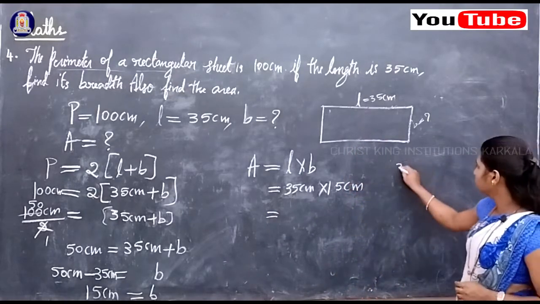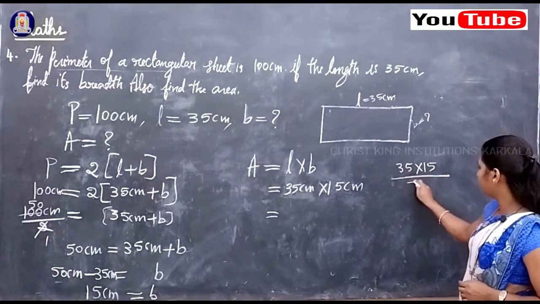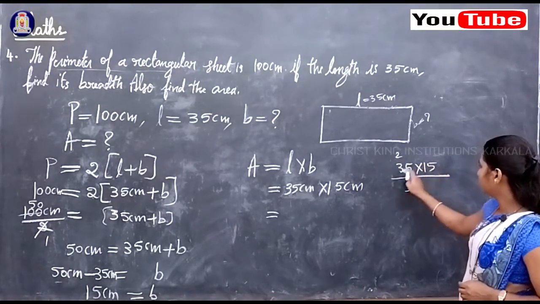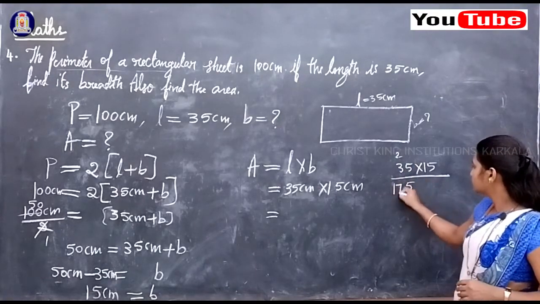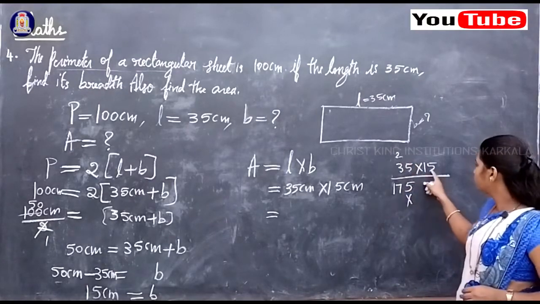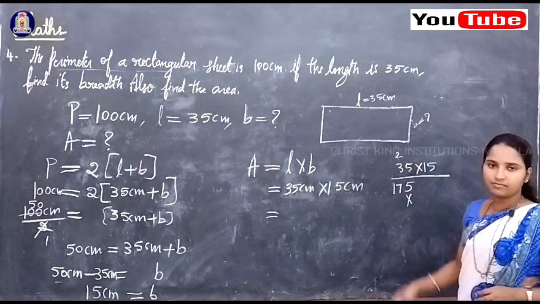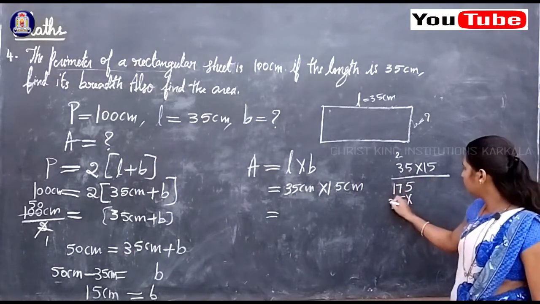If you multiply 35 into 15, we will get 5 5s are 25, 2 remaining, 5 3s are 15, 15 plus 2, 17. Clear? So 1 5 is 5, 1 3 is 3.